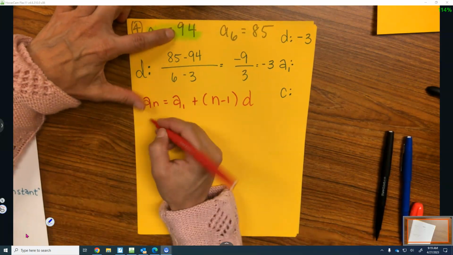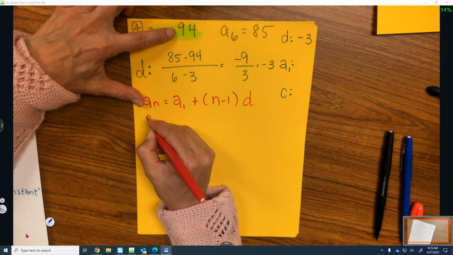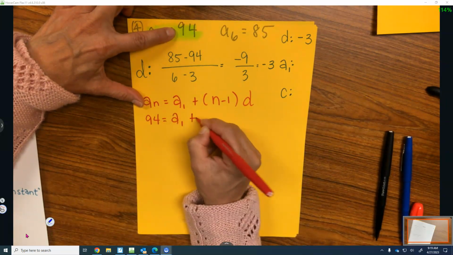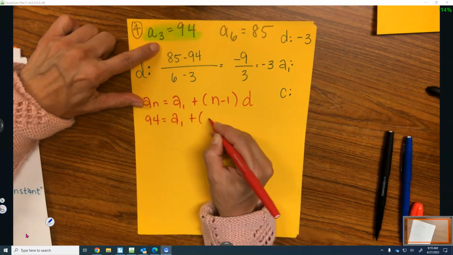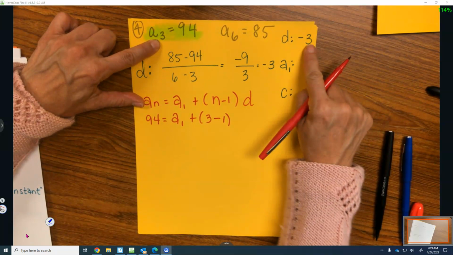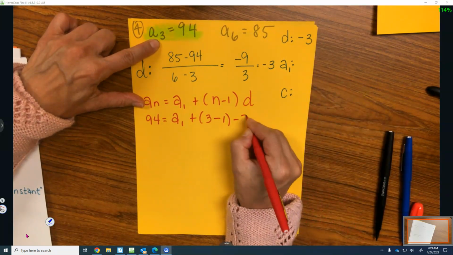So a sub n, the one I'm looking at right now, is 94. I do not know a sub 1. Remember, 94 is in the 3rd position, and we're going to multiply it by the difference of negative 3.